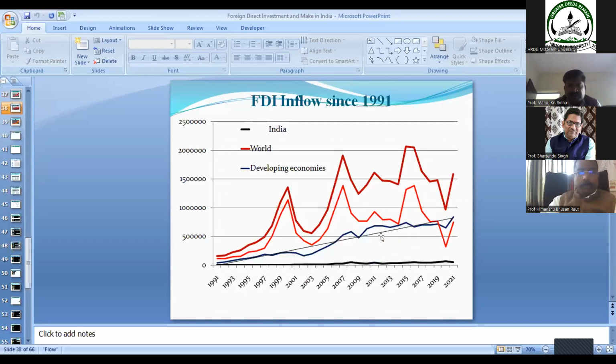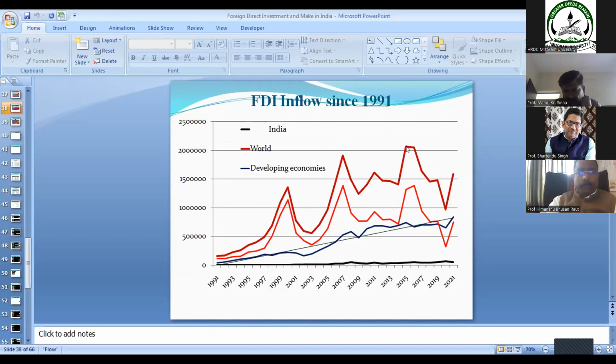Now the FDI inflow since 1991. We can see in this case there is fluctuation in FDI inflow at the global level. We can see that since 1991 there was a major decline in 2000, and then it started rising in 2003, and again it started declining due to the global financial crisis.